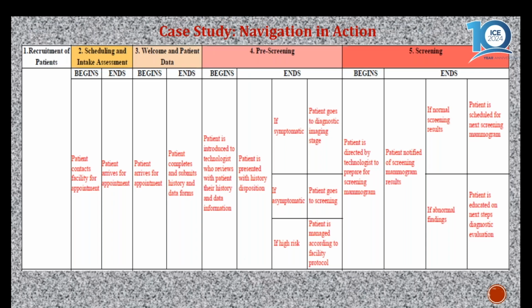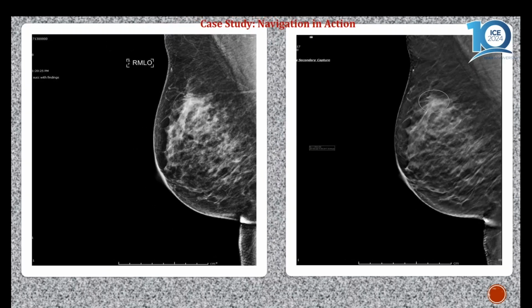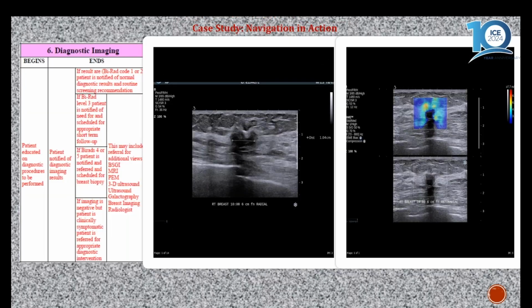If you look at the matrix, we went from scheduling and intake and recruitment. We brought her in, did a pre-screening, a screening, got our images, recalled her, and then brought her in for diagnostic imaging. So that's where we're at on the matrix.